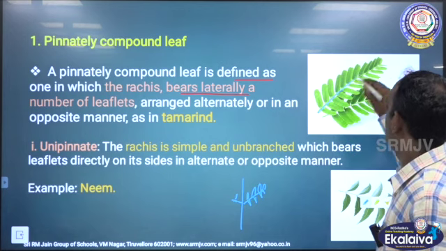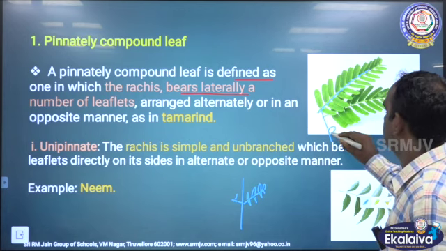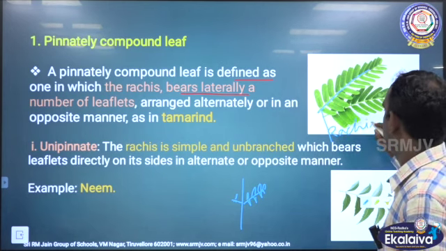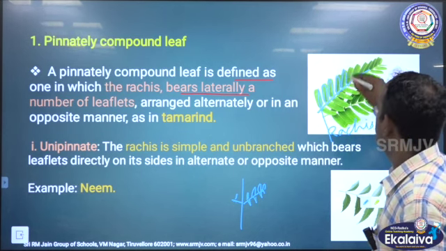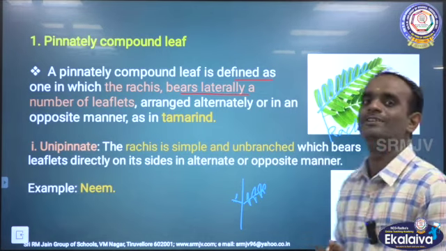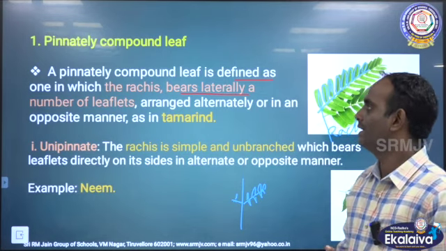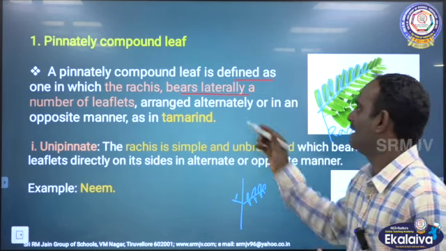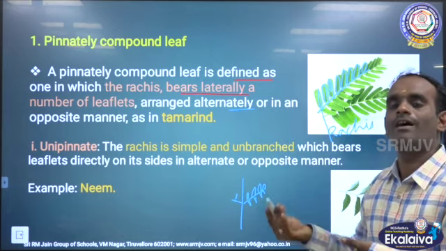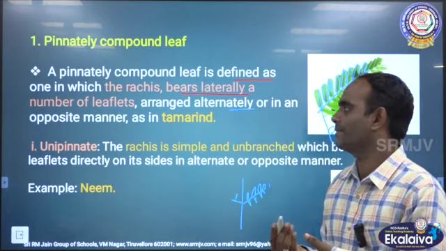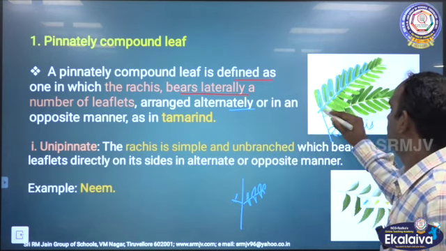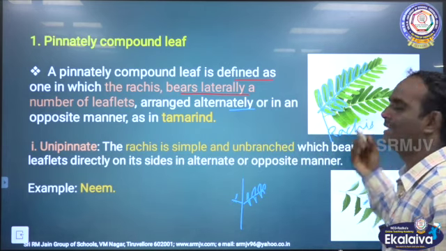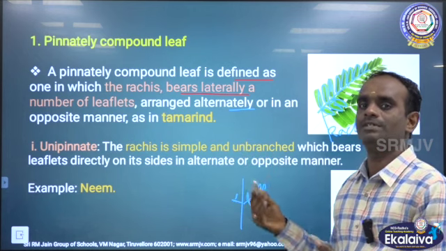This is the rachis. This rachis gives rise to a number of leaflets, and all these are arranged alternately or in an opposite manner, as seen in the tamarind.